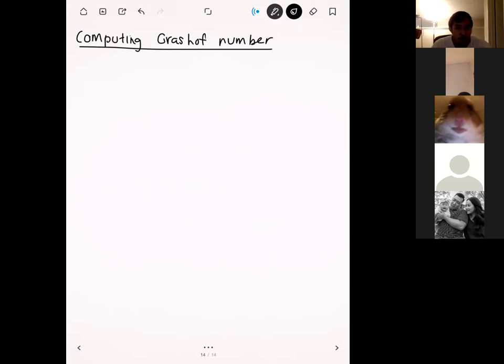But in order to get buoyant forces, we basically need to have a difference in temperature in our fluid. Right? And so the Grashof number is the following. We're going to take gravity times beta, and I'll define beta in a second.